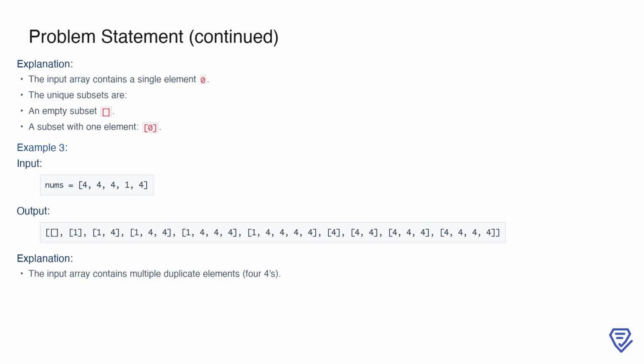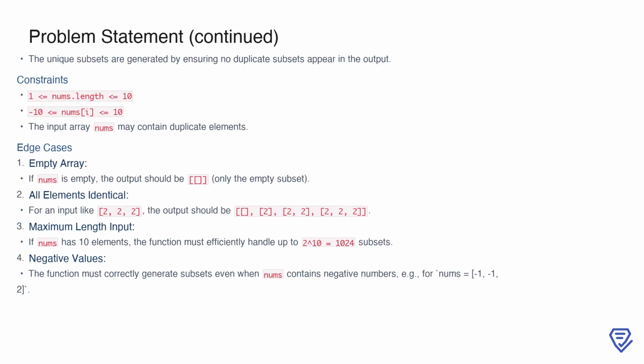Additionally, subsets containing only the repeated number 4 are included, such as 4, 4, 4, 4, 4, and 4, 4, 4, 4. This example emphasizes how the solution systematically handles arrays with significant duplication to produce unique subsets. The process of generating unique subsets ensures that no duplicates appear in the output.